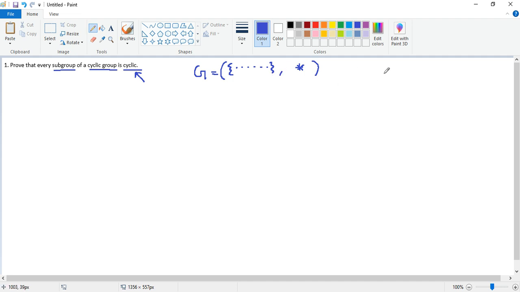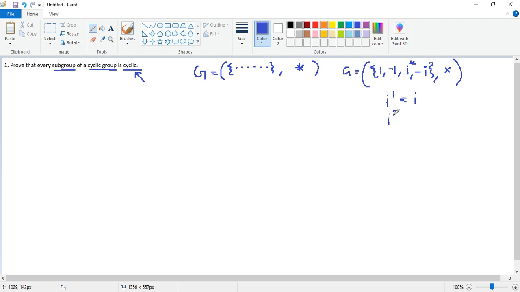So for example, this set, right? G is equal to {1, -1, i, -i} with the operation multiplication, is cyclic because if you take i, I can generate everything in this group. Like i to the power of 1 is i itself.